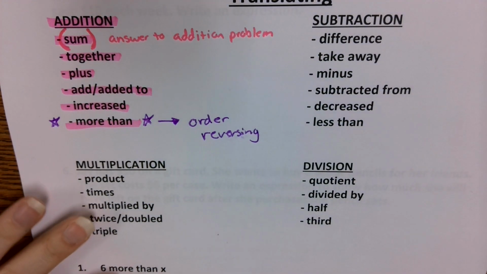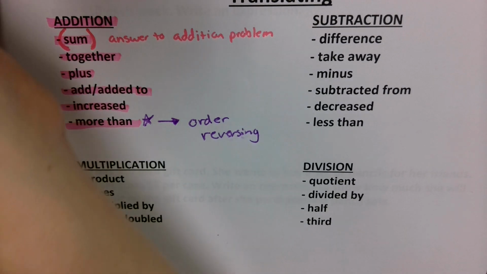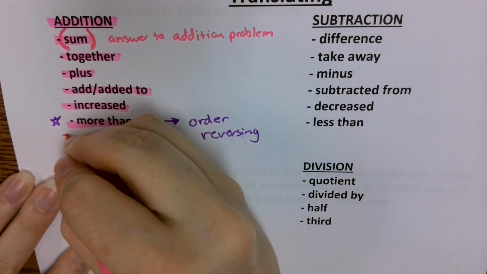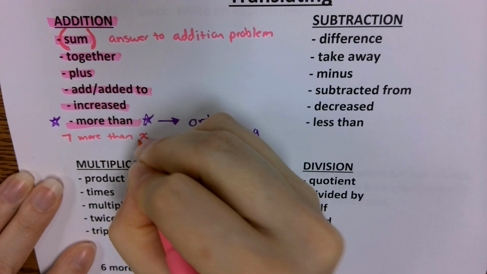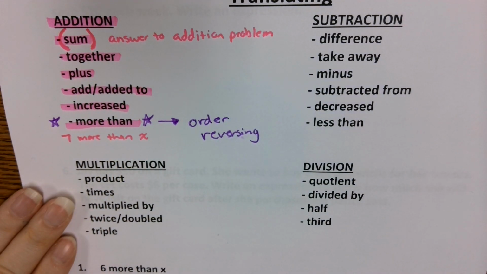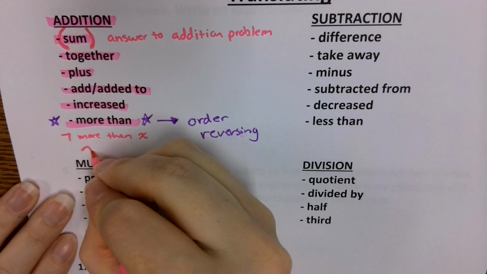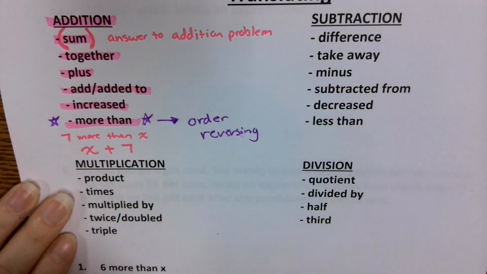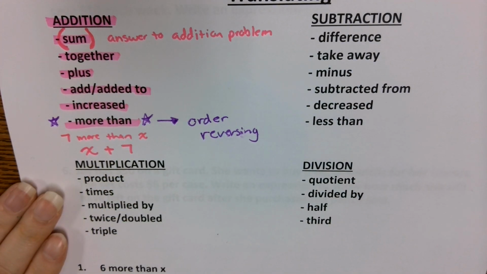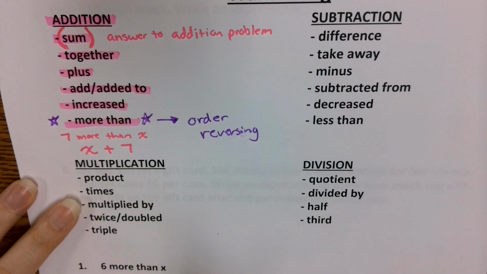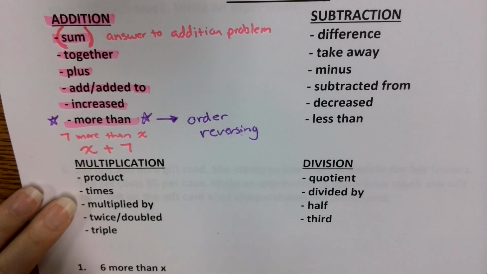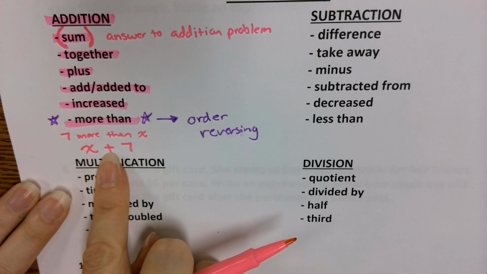And what that means is if I were to say you have 7 more than x, then I am taking x and I am adding 7. It reverses the order of what's been stated. 7 more than x means x plus 7.